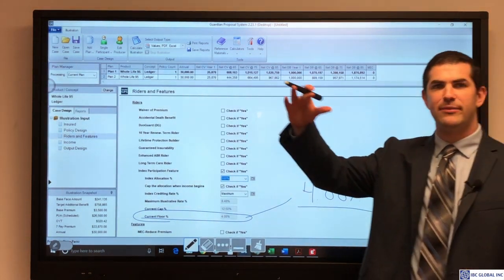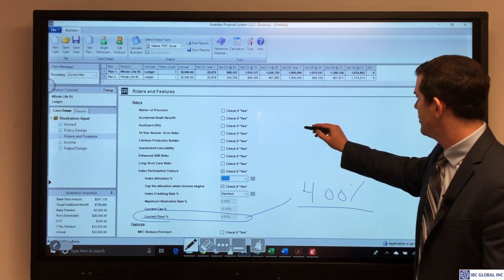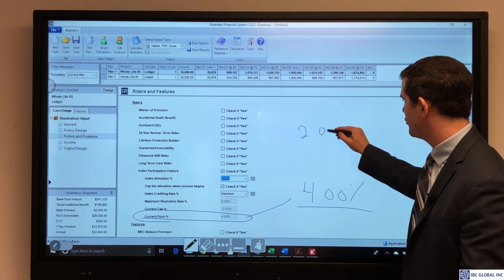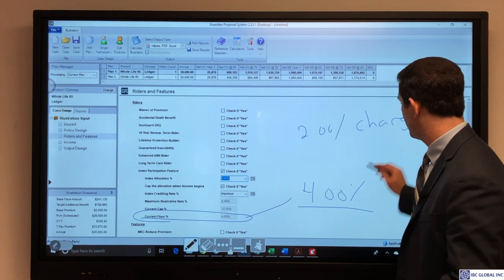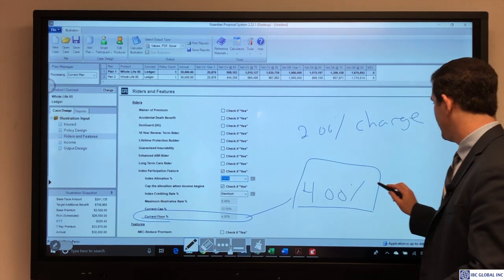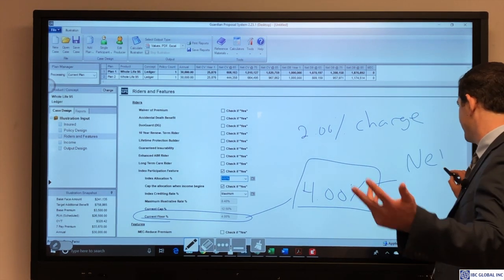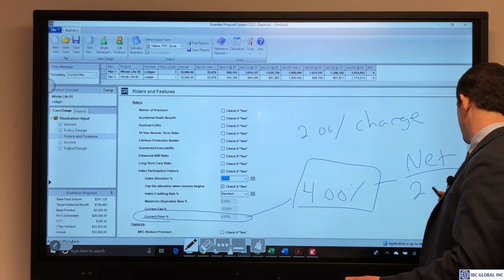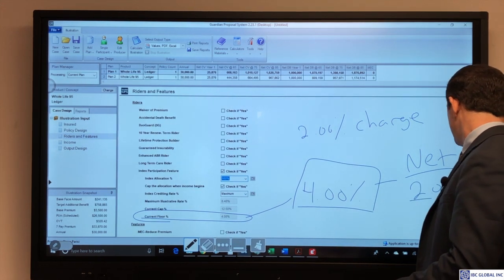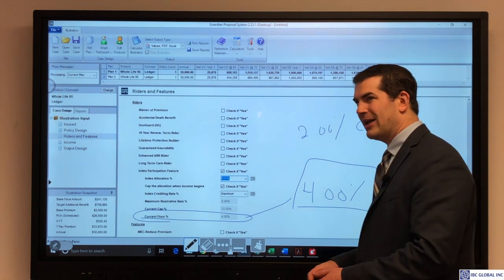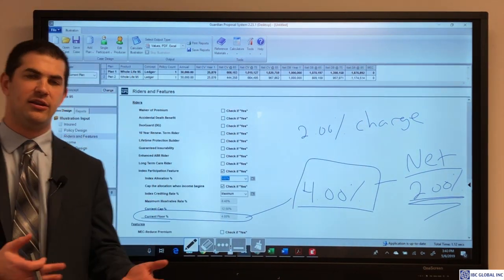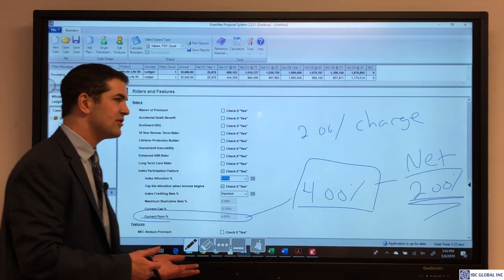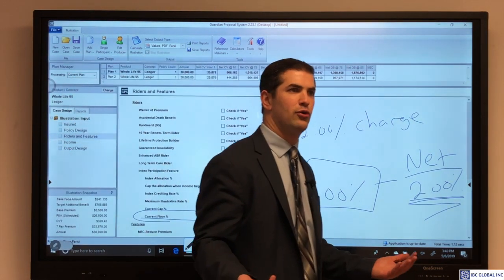However, because I have my money linked to the index, guess what? 2% charge. I'm still getting the 4% guarantee. So what that means is my net, simple math, is 2%. So the only potential drawback really of this strategy is if I link everything, or any amount, into the index, and the market does not perform.